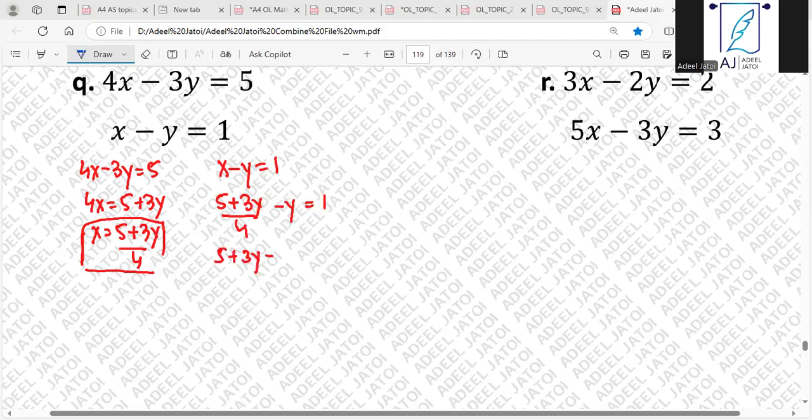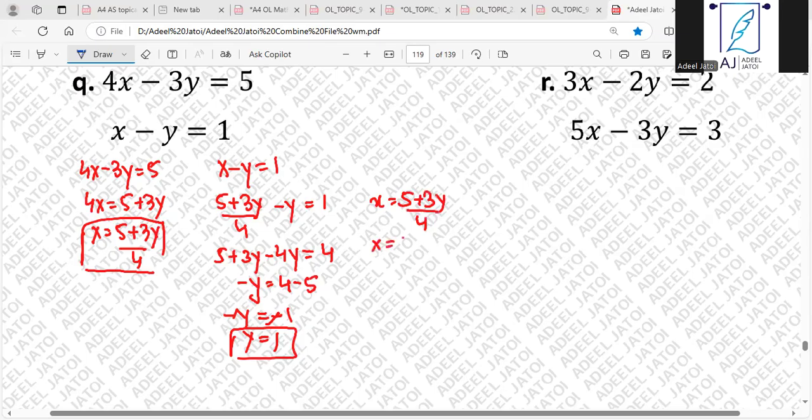This would be 3y minus 4y is equal to what? 4 minus 5. Minus y is equal to minus 1. Minus y becomes 1, so y is 1. x is equal to 5 plus 3 times 1 upon 4. So 8 upon 4 becomes 2. So this answer is 2, 1 for part Q.